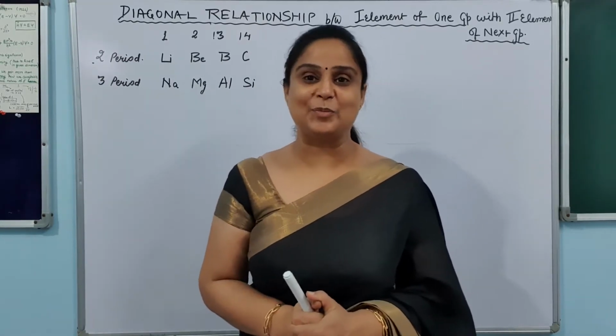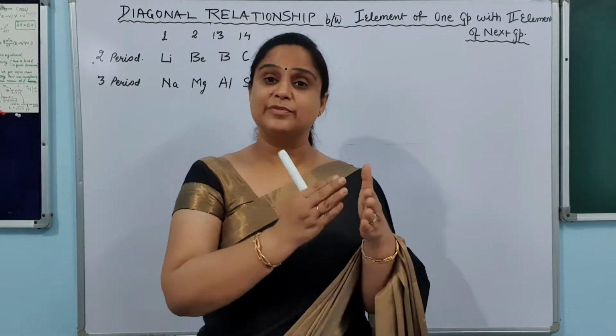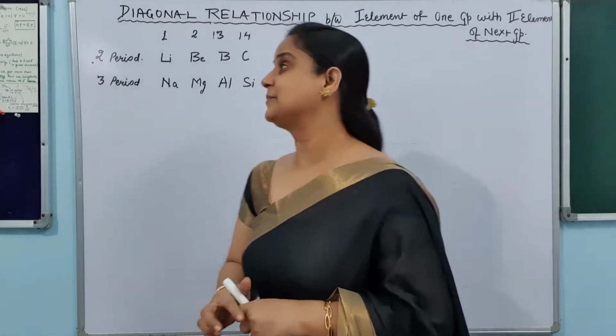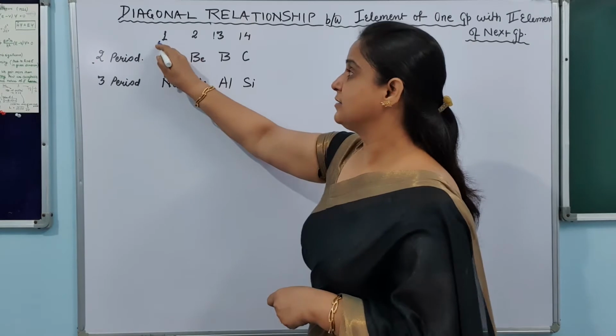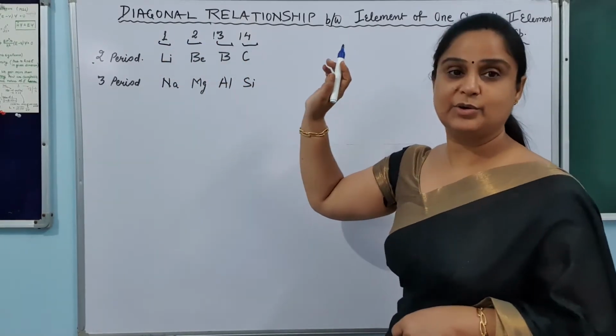Let's start with the topic: diagonal relationship between the element of one group and the element of another group. We have elements from the first group, second group, 13th group and 14th group.